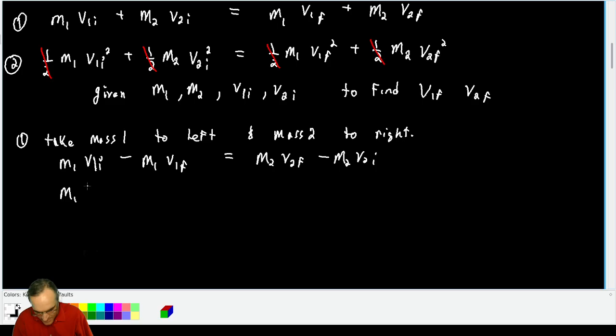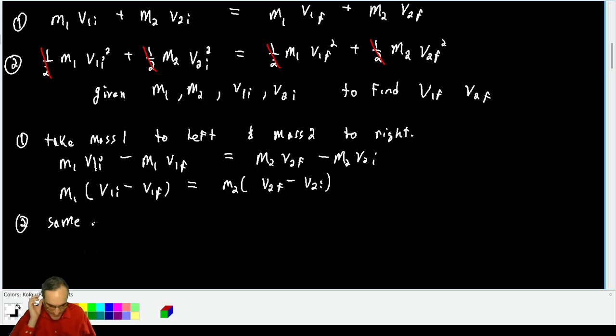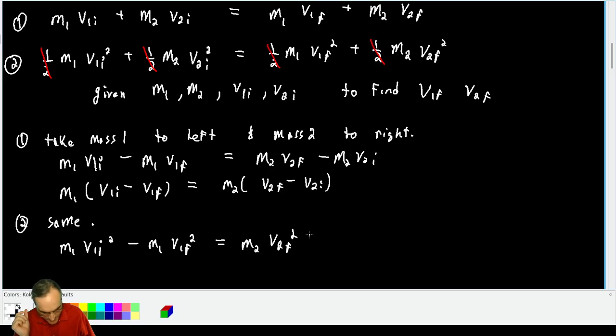Last thing I want to do right now, we'll factor out the mass. So m1 (v1 initial minus v1 final) equals m2 (v2 final minus v2 initial). Same thing for the second equation. So now we'll have m1 v1 initial squared minus m1 v1 final squared equals m2 v2 final squared minus m2 v2 initial squared.